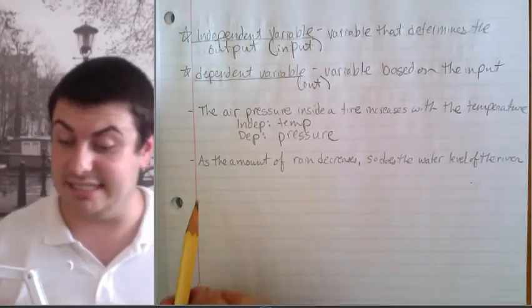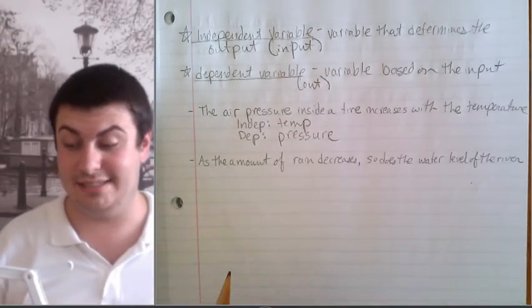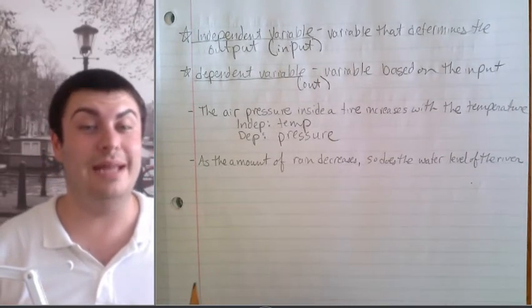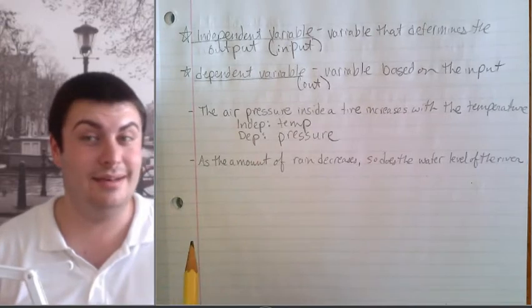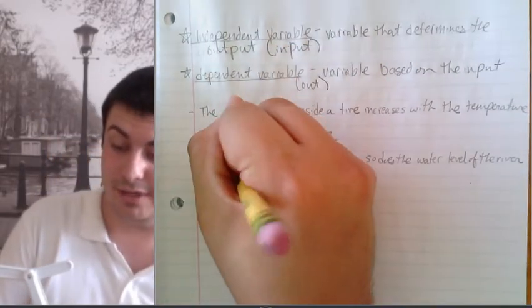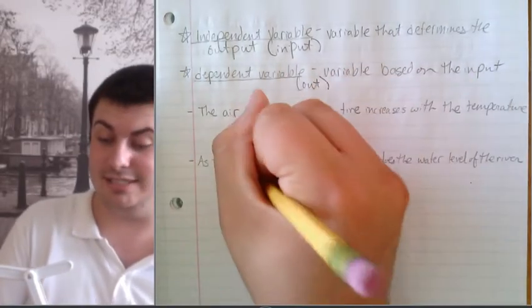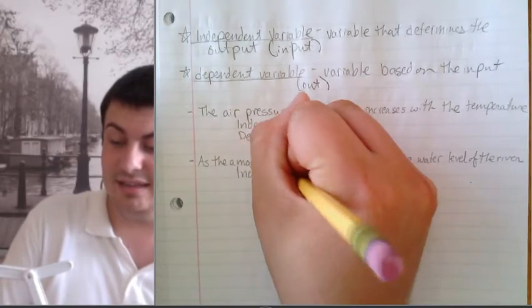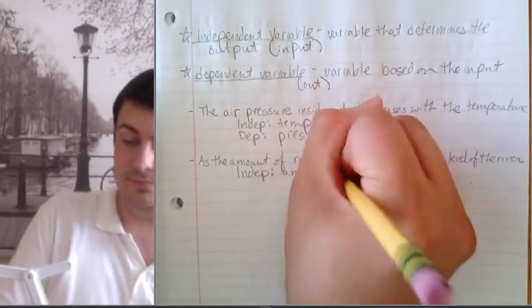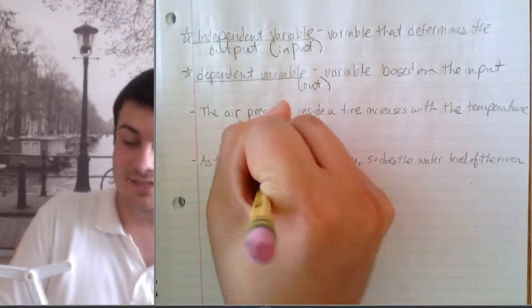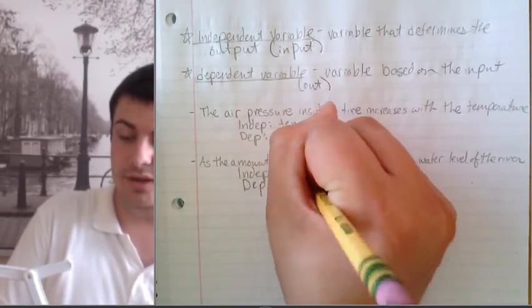Let's think, as the amount of rain decreases, so does the water level of the river. So if we get less rain, the water level goes down. If we get more rain, the water level goes up. So what is the variable that determines the output? What determines another's fate? The amount of rain. And what then is affected? The water level.